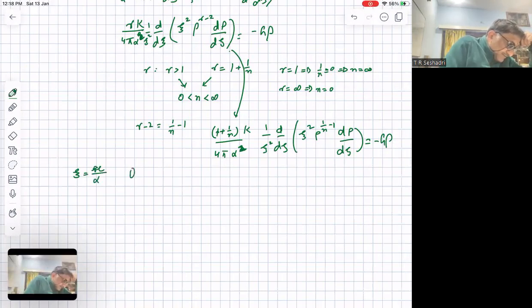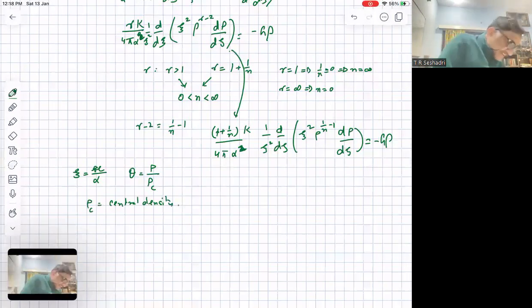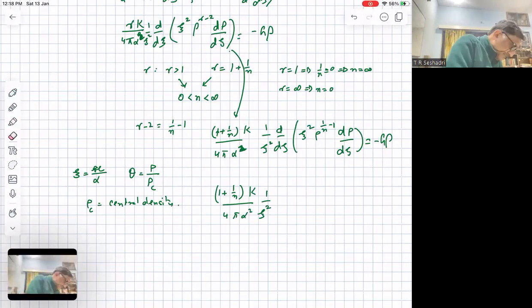I will now define another dimensionless variable theta, which is equal to density divided by the central density of the system, where rho c is the central density.